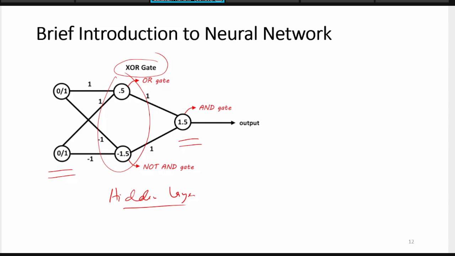But here in this example, what I'm trying to say is that you can design the network, you can manually work out the weights, you can manually work out the activation functions, and come up with a neural network. There is no problem if you know the problem.